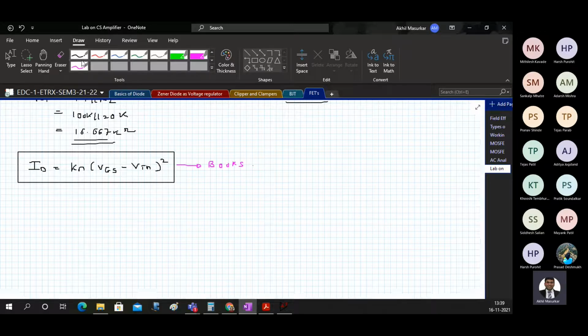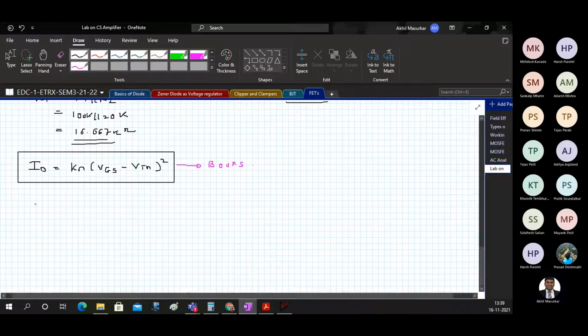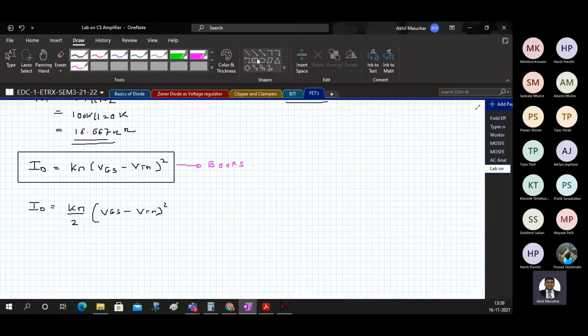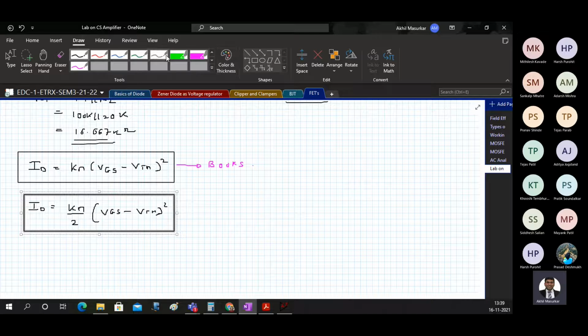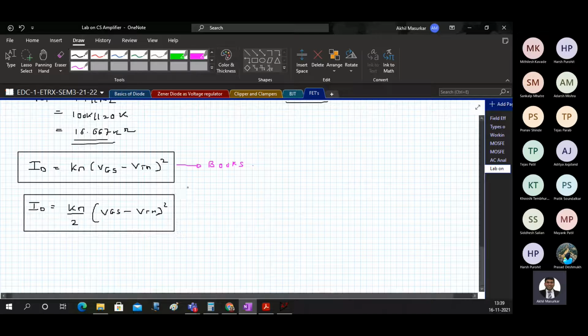But what spice uses is this, the one that I actually showed you in my explanation, that is Kn by 2 into VGS minus VTN, the whole square. This is what spice uses. So you can see the difference is of 2.